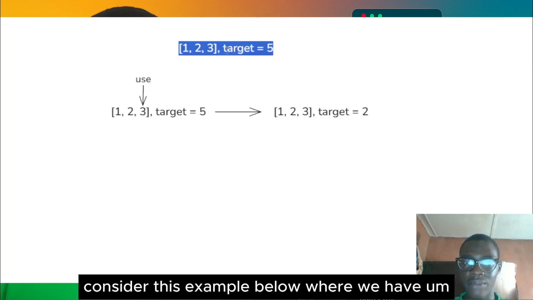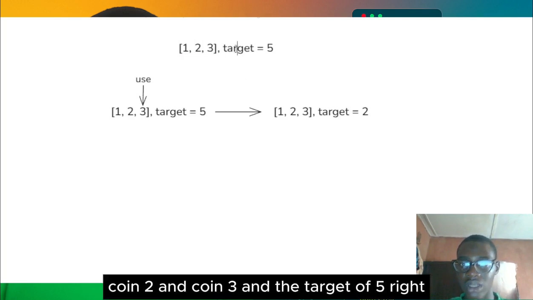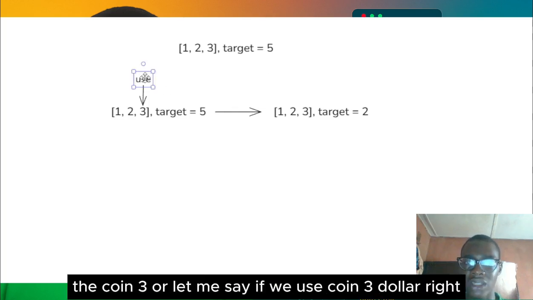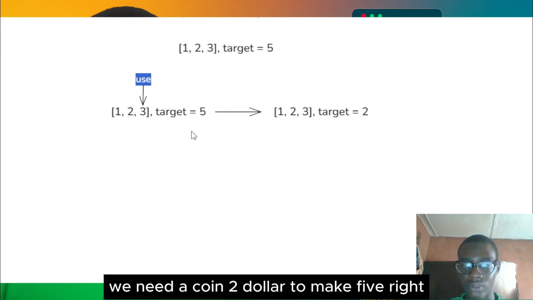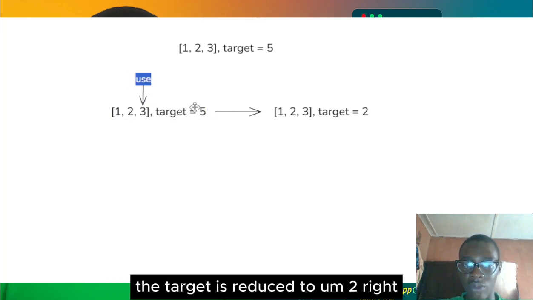Consider this example below where we have a coin array of coin 1, coin 2, and coin 3, and a target of 5, right? So if we use the coin 3, then we need a coin 2 to make 5, right? Because when we use a coin 3, the target is reduced to 2.